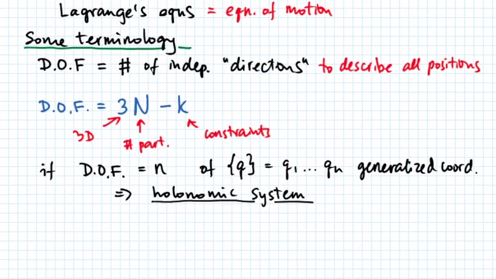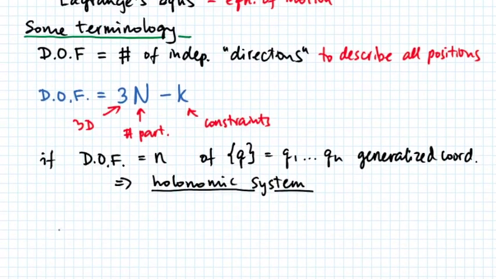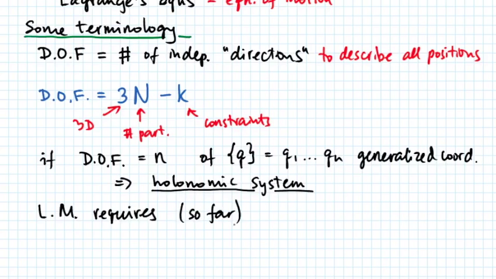So, in other words, Lagrangian mechanics requires, and there will be some additions later, so let's say so far, as we'll see, we can relax some of these requirements. It requires 2 things. First, that the system that we're dealing with is a holonomic system.